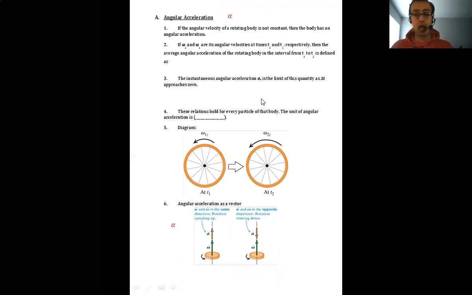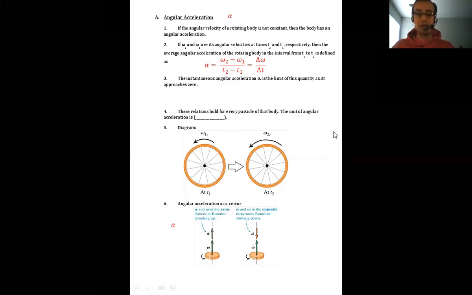If the body's angular velocity is changing, that means that you have to have an angular acceleration, which we denote by the Greek letter alpha. So if omega 2 and omega 1 are angular velocities at times t2 and t1, then the angular acceleration alpha is going to equal omega 2 minus omega 1 over t2 minus t1, so delta omega over delta t.